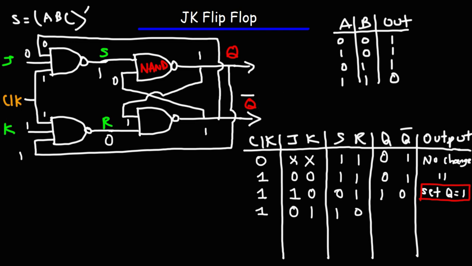So now that Q bar is 1, the input at the top NAND gate will be 1. And 2 1s, 1 times 1 is 1, complement of that is 0. That's going to change Q to 0. And when Q goes to 0, this input will be 0. And 2 zeros will give an output of 1, which Q bar is already 1. So when we press the K button, we reset Q back to 0.